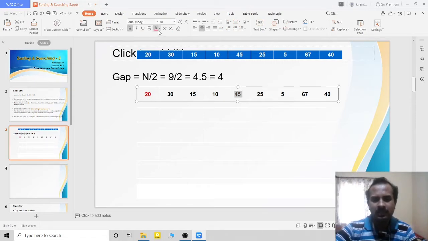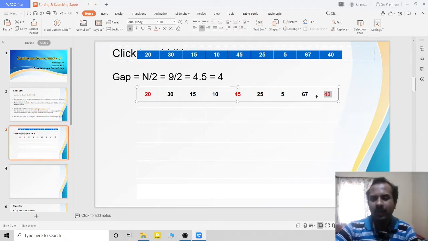So that is 45. Then again continue 1, 2, 3, 4. So these are the elements. Now compare 20 and 45. Whether 20 is greater? No, 20 is smaller only. 45 is greater.